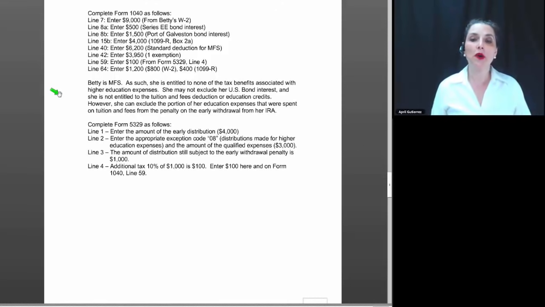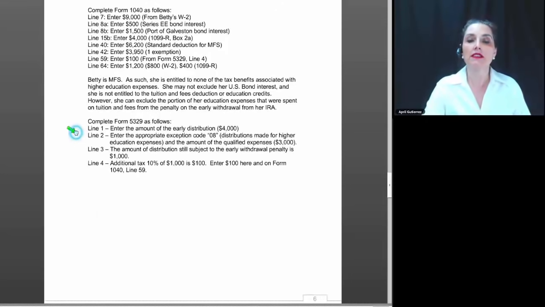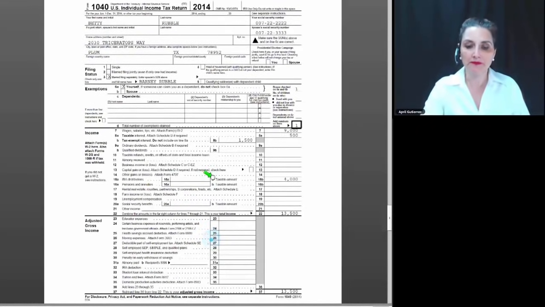However, there is one benefit she is going to be allowed to take, and that is that she is going to be able to exclude some of the distribution, or perhaps even all of the distribution that she took from her IRA to the extent it was spent on higher education expenses. So let's go take a look at that tax return for Betty.